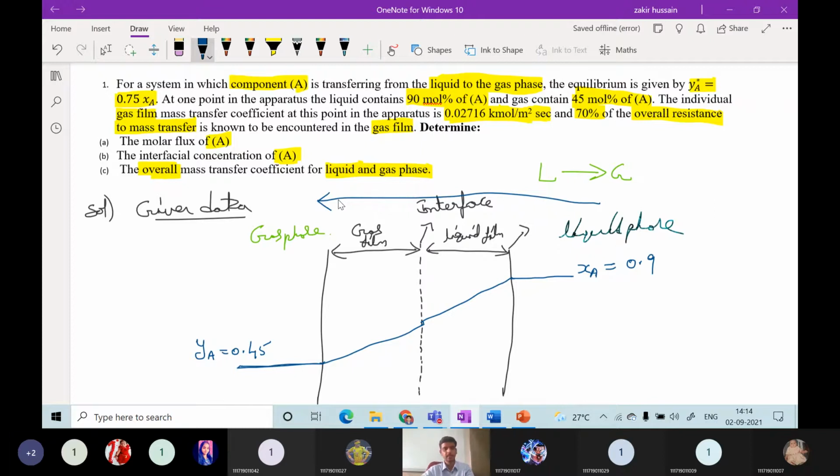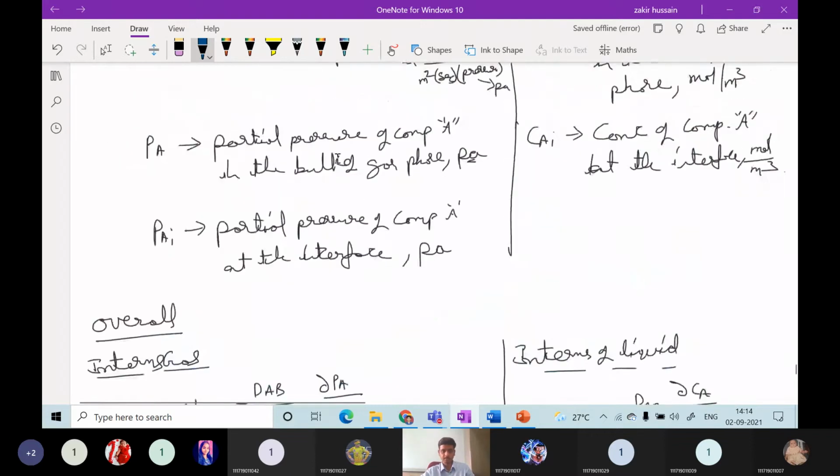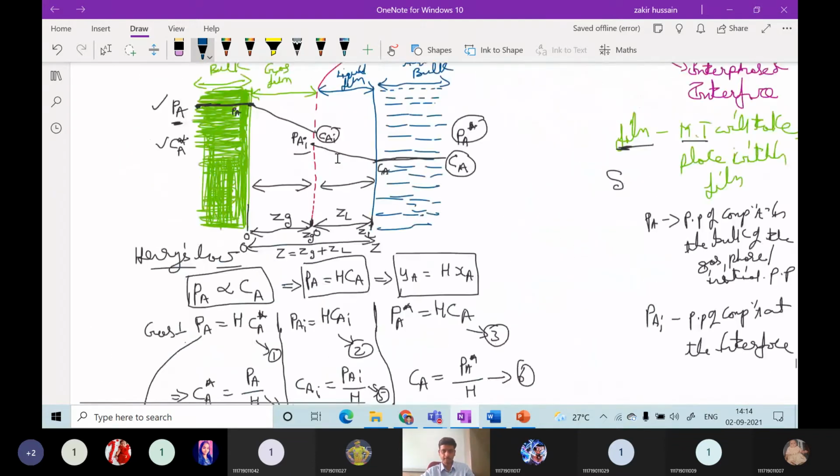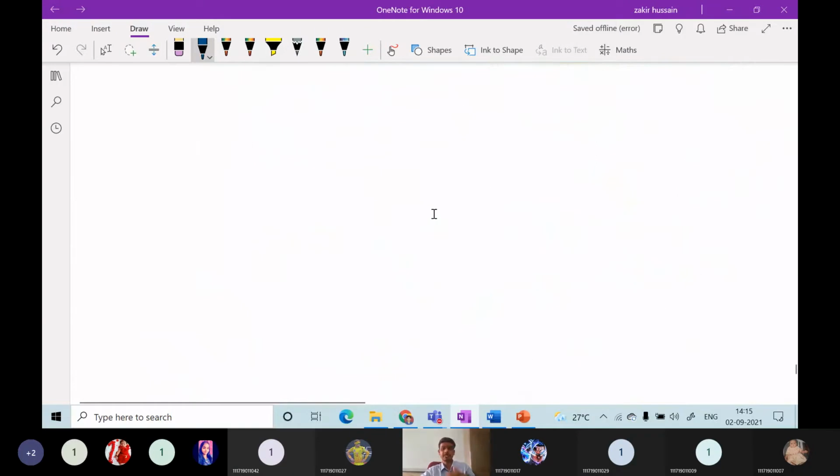You may notice the previous figure also. I'm showing that once again. If you see, in the gas phase to liquid phase case, the mass transfer takes place from here to here, whereas in this profile it is liquid phase to gas phase. You have to make a note of it.